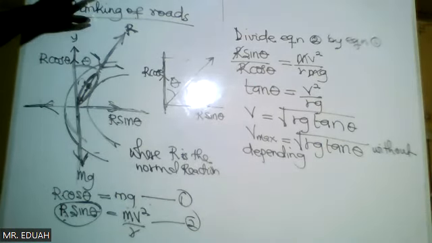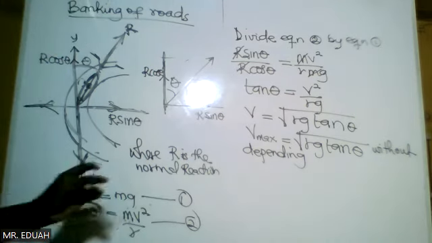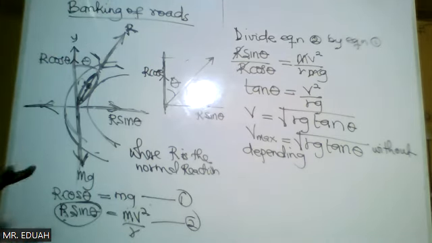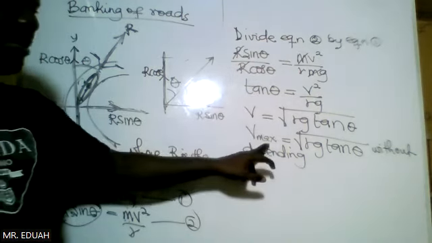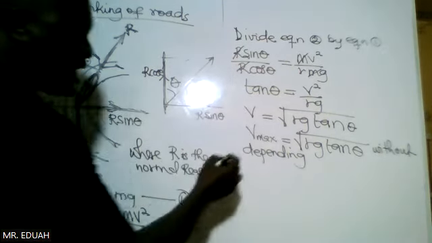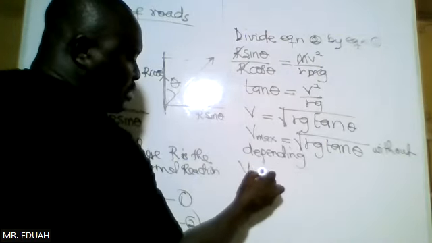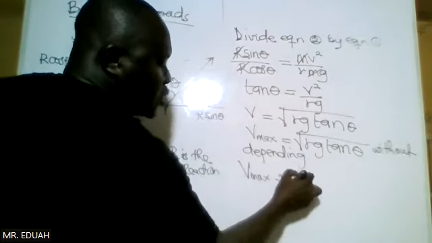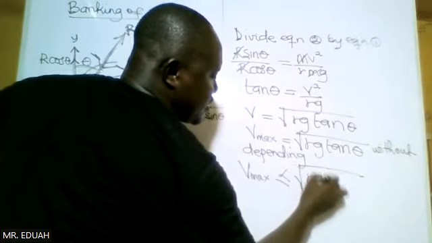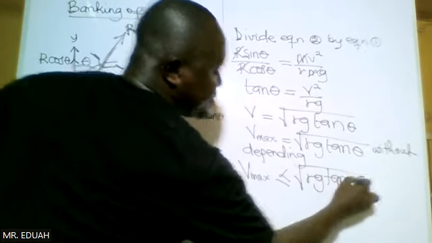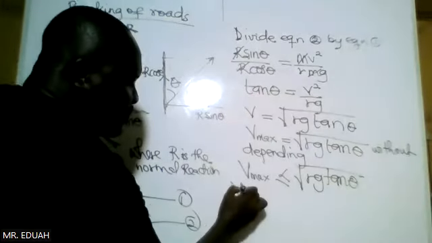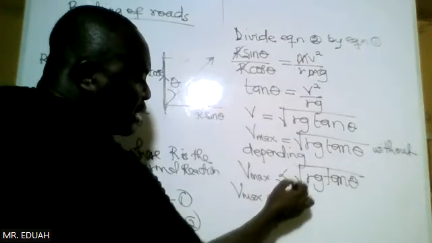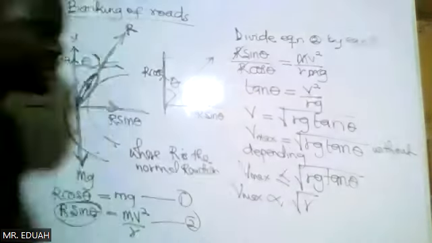So for banking of roads, when frictional force is almost negligible or is ignored, then the maximum speed must be anything less or equal to the square root of rg tan theta, meaning that this maximum speed depends on the square root of the radius of the road.